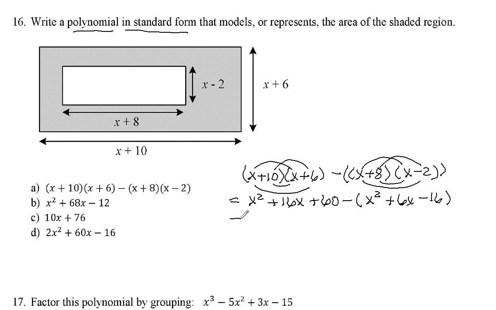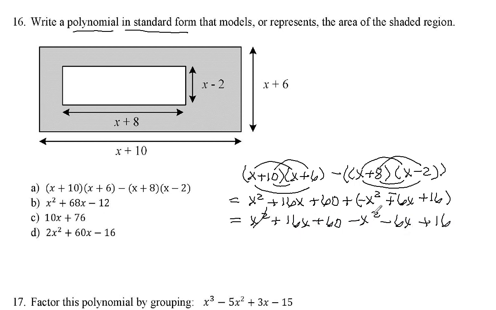And now we are subtracting the expression, so we're going to change the signs in here and add. So it'll be plus, it'll be minus, minus, plus. So we've got x squared plus 16x plus 60, and then minus x squared minus 6x and plus 16.